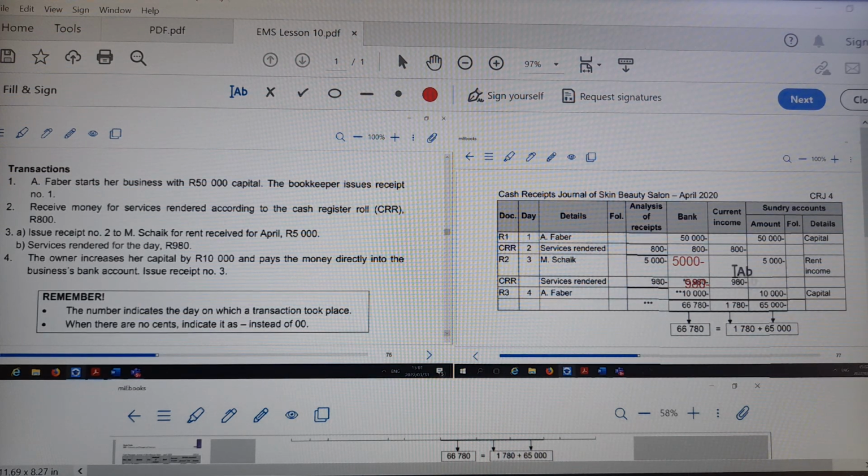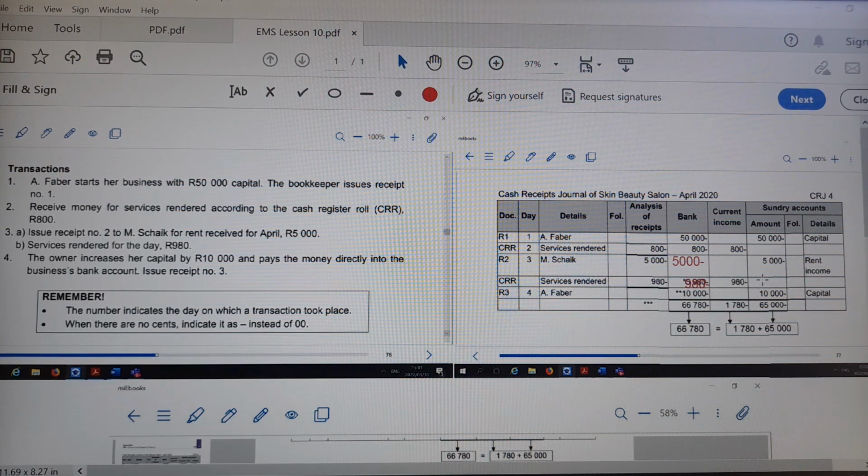Okay, and I will have, it's a current income. Yes, and the amount for 980, remember the income. So the cash register roll, we don't put it on the sundry amount, you see.